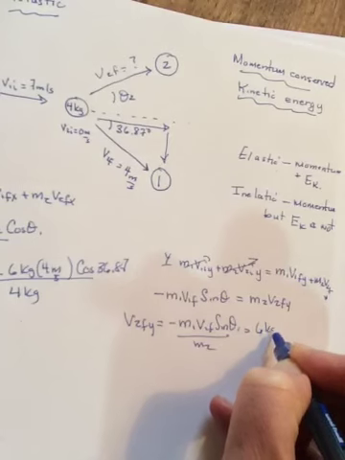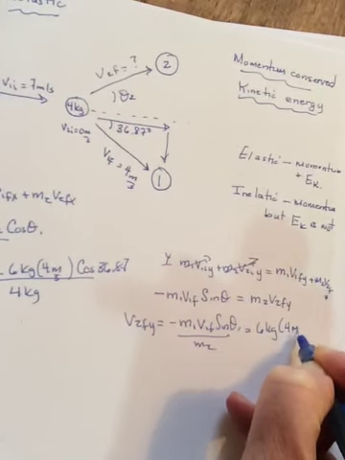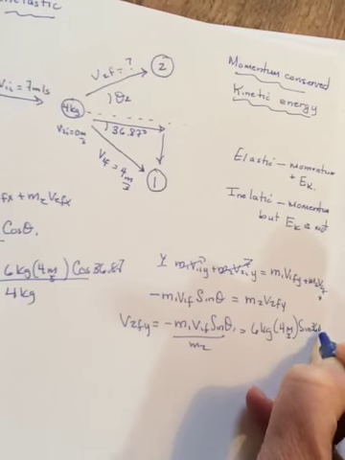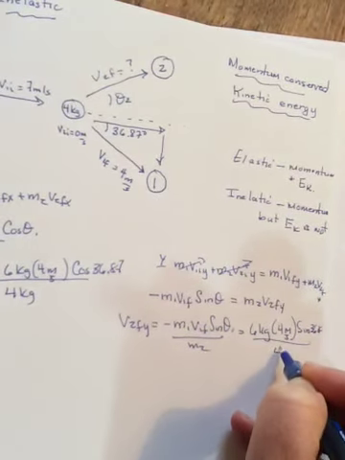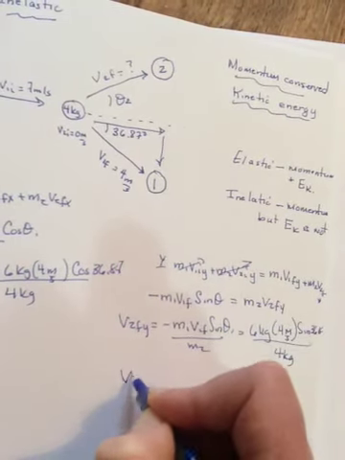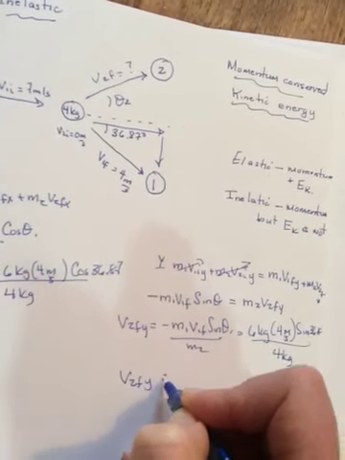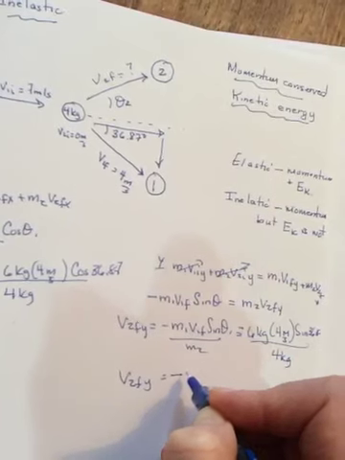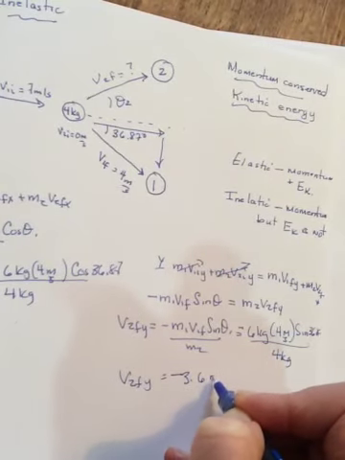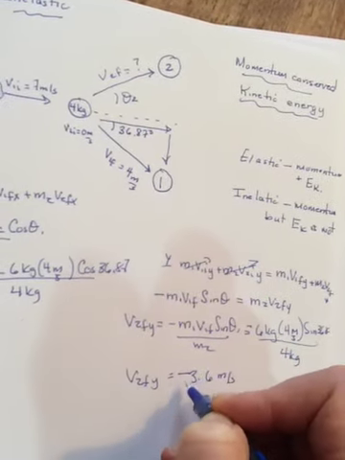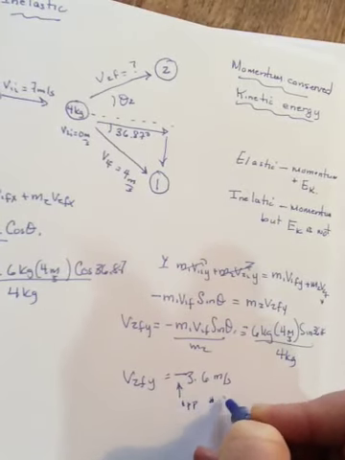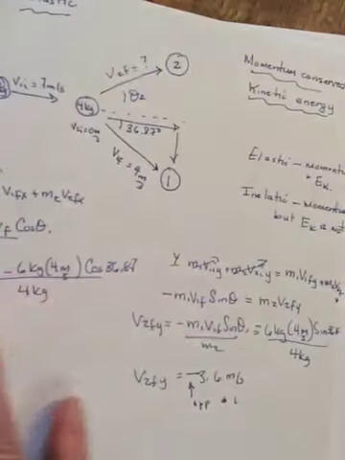So 6 kilograms, 4 meters per second, sine of 36.87, divided by 4 kilograms. V2fy is equal to negative 3.6 meters per second. The negative just means opposite number 1. Number 1 was going down, so number 2 is going up.